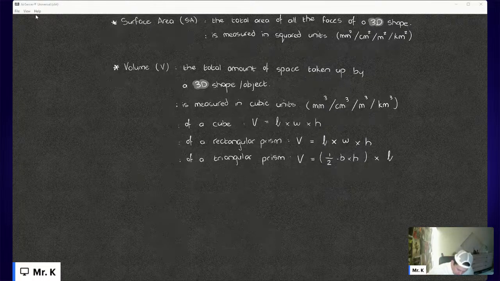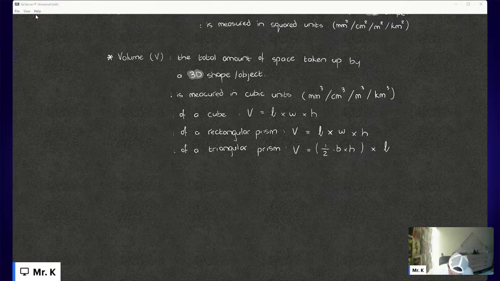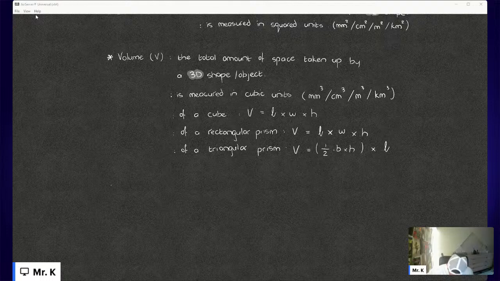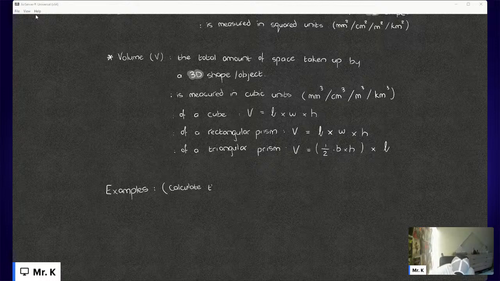Okay, so I'm going to write a small subheading over here, examples. And the question is going to be calculate the surface area and volume of the following.